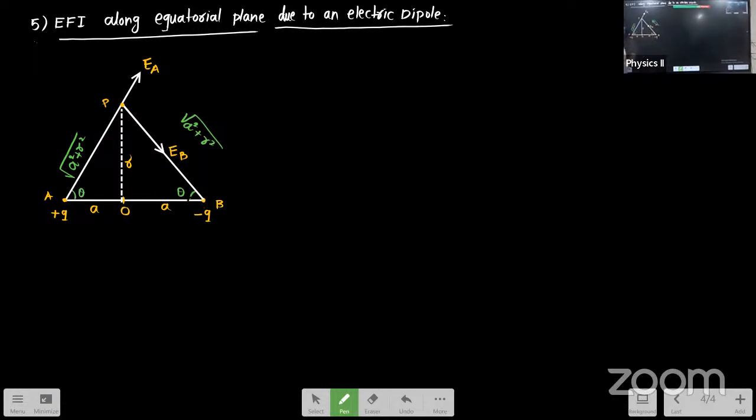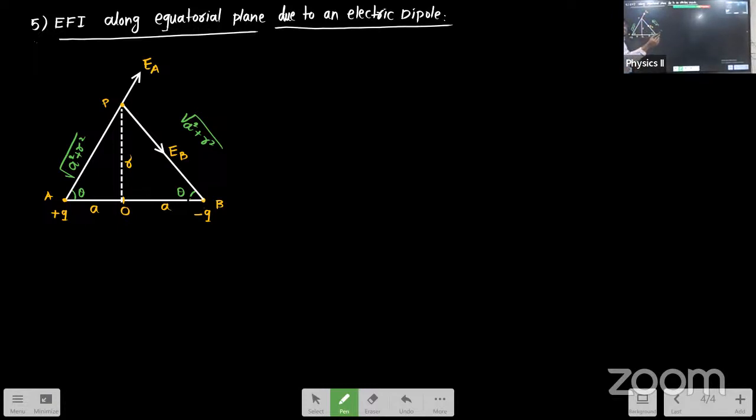Now everyone carefully see here. Directly I can write down the answer, but let us understand this. Electric field is a vector quantity. If I ask whether this electric field is along the x-axis or y-axis, you will tell me, no sir, it is neither along the x-axis nor along the y-axis; it is lying in the xy plane.